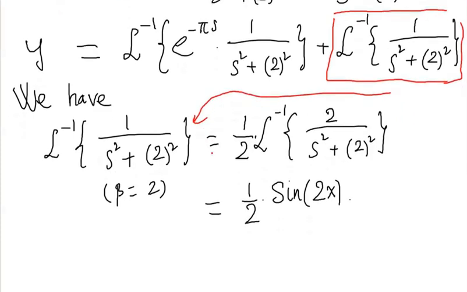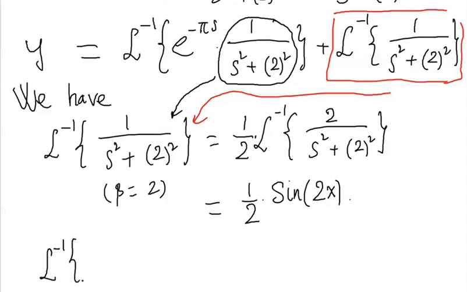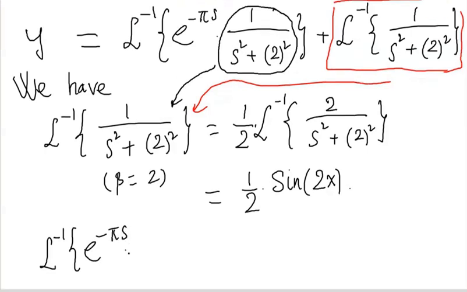Now, for the inverse Laplace transform involving e to the minus pi s, we saw in the previous topic, we need to determine the inverse Laplace transform of this first, which we already did anyway. So for the inverse Laplace transform of e to the minus pi s, we need to shift the formula.